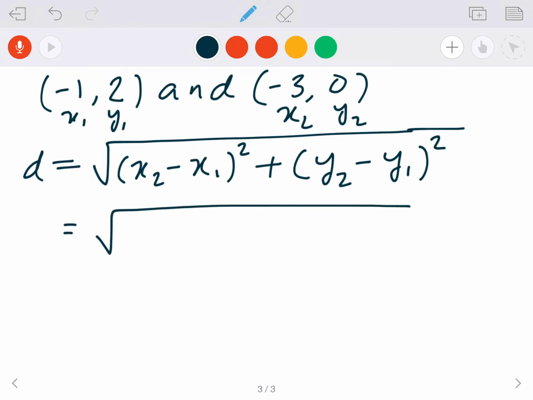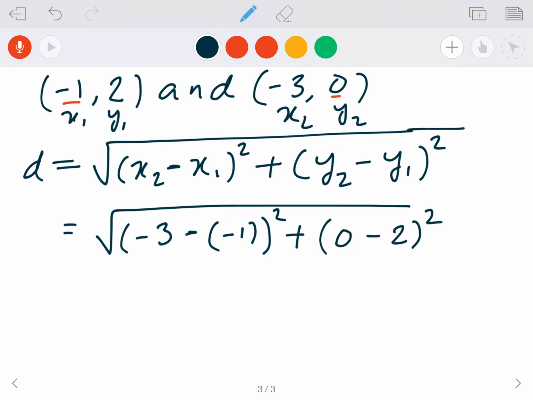So I can find the value of the distance. x2 is negative 3, minus x1, which is negative 1, so negative 3 minus negative 1, whole squared, plus y2, which is 0, minus y1, which is 2, squared.